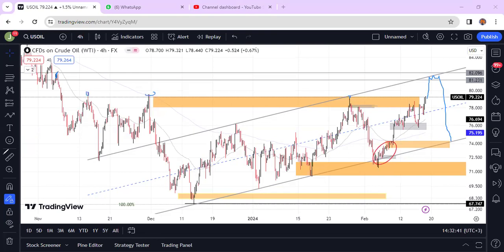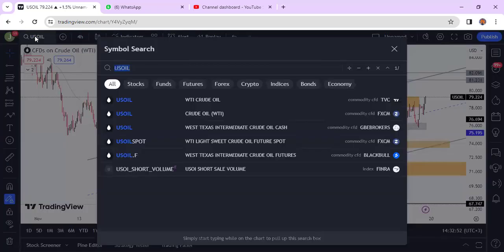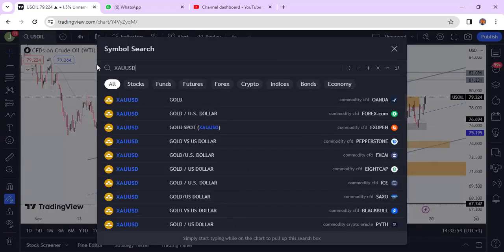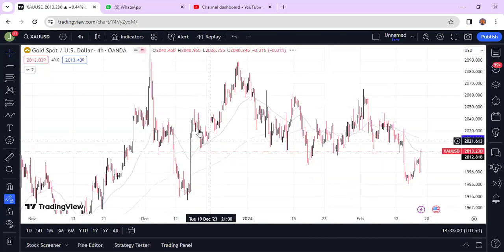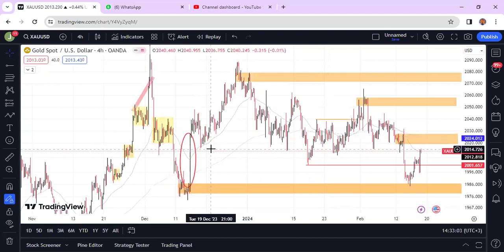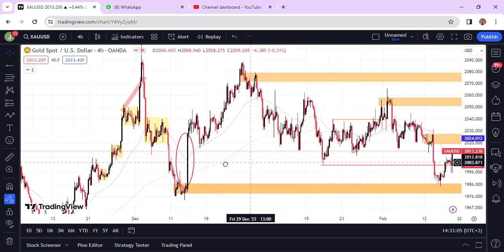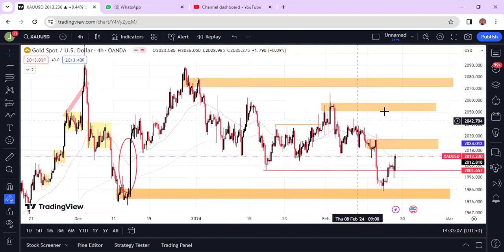Let's have a look at a different chart. I always trade the oil. So this is the crude oil and also gold. Let's have a look at the other chart, that is gold. In this scenario, we have the market expanding from a point.